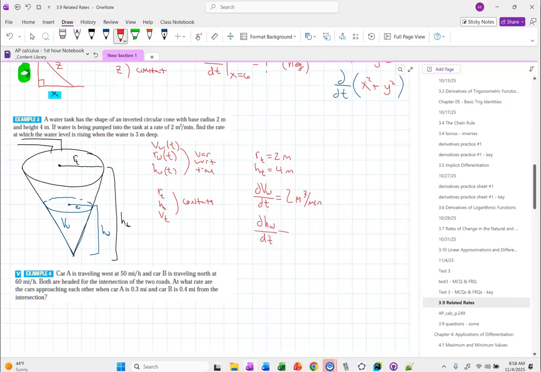Anthony is on one today. And it's specifically asking when the water is 3 meters deep. Everybody okay with how I've named everything here?